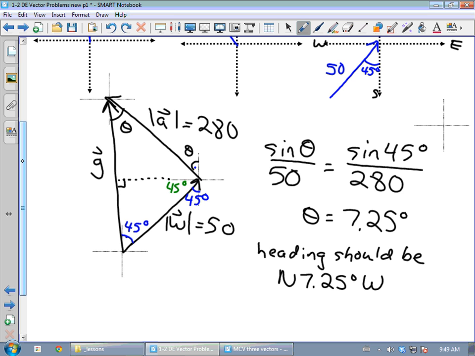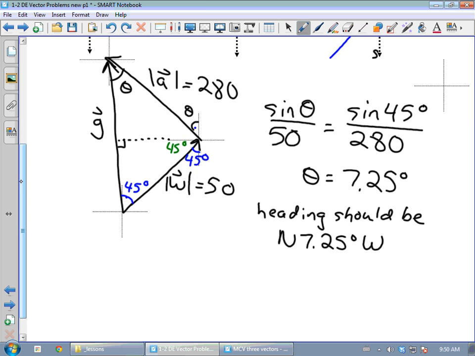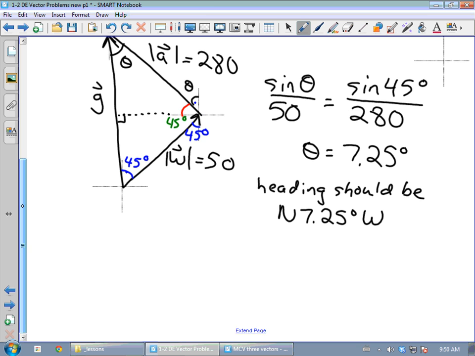Well, now that we know this angle out here, we can work out what that angle is inside the triangle. So this little part from here to here is going to be, well, what is it going to be? It's going to be 90 minus 7.25, okay, because the red part there and theta have to add up to 90 degrees. So that gets us 82.75 degrees.